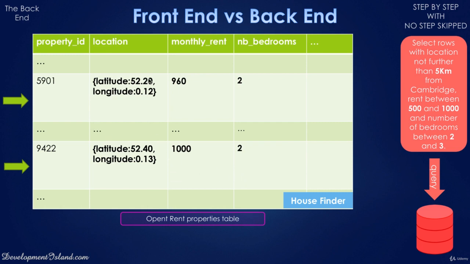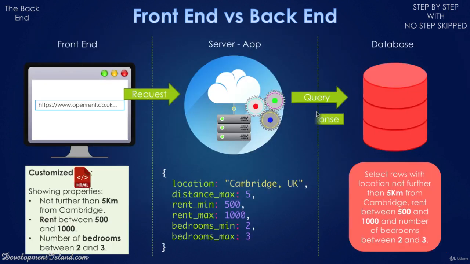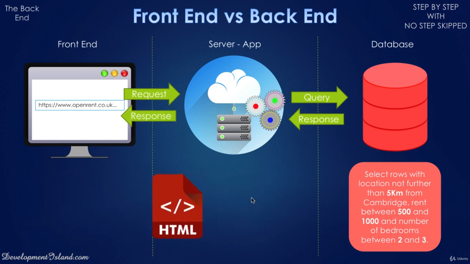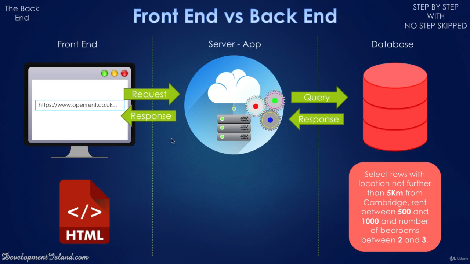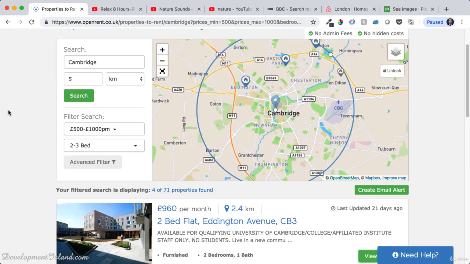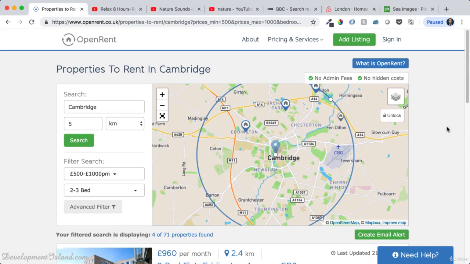Once you find these properties, the database is going to send a response to our app, like this, and then our app is going to start working again, and is going to use the details of those properties we found to build the customized HTML web page, which is going to be served to the user by the server. And then the browser is going to display that customized HTML web page.